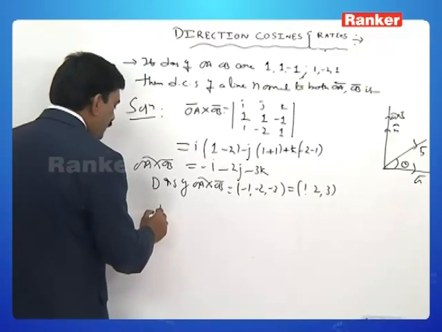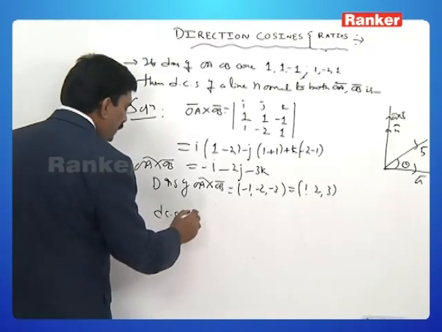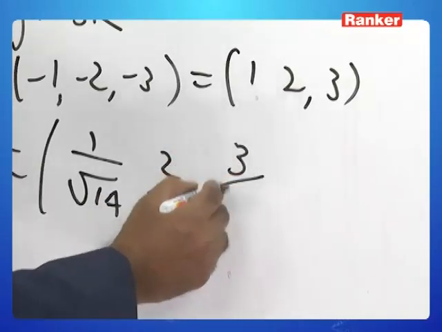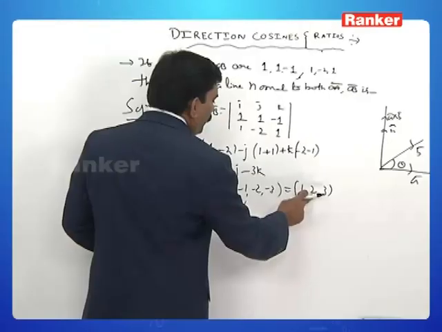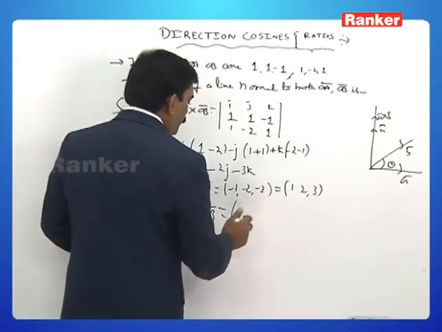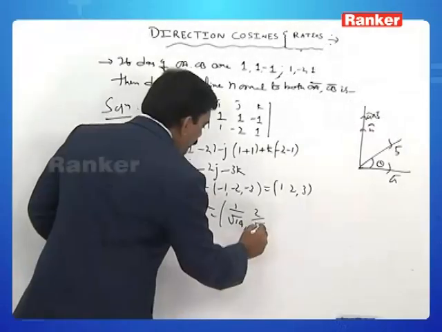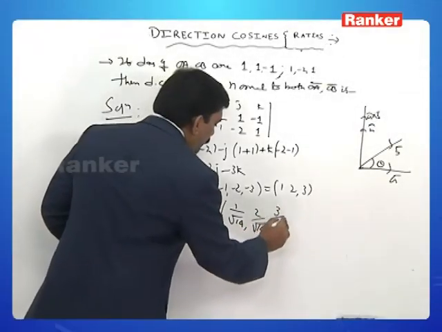I want DCs. Now the DCs of OA bar cross OB bar: this is 1 square plus 4, 4 plus 1 is 5, 5 plus 9 is 14, so root 14. Therefore, 1 by root 14, 2 by root 14, 3 by root 14.